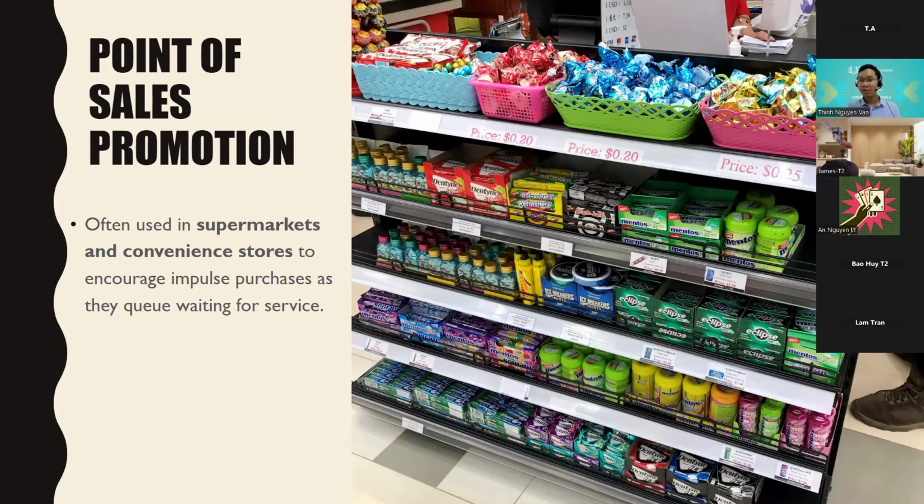For example, in the supermarket, next to the cashier, there is often a small shelf, and on that they often put new products. Otherwise, when you go to the supermarket, they give you something, like free samples on the table. Just go and get it.